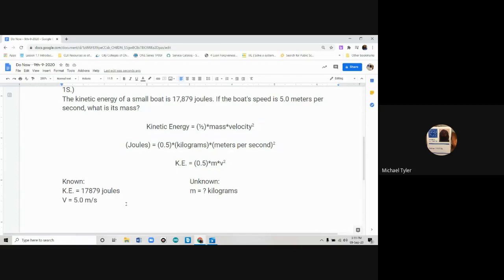So let's do some math on this. In order for us to find mass, we've got to take this equation here and solve it for mass. So I'm highlighting that, Control C, coming down here, and pasting it here. I've got to move it back over because we're doing steps now.